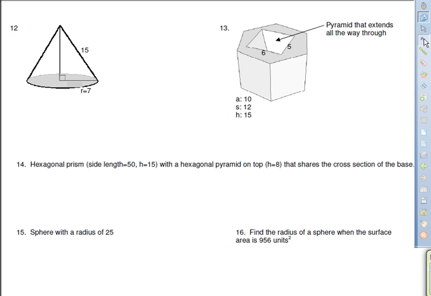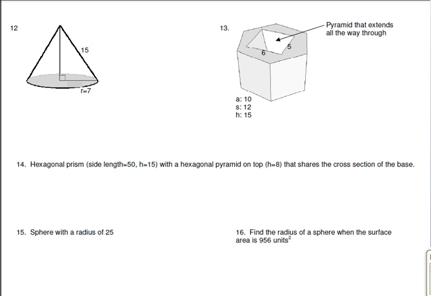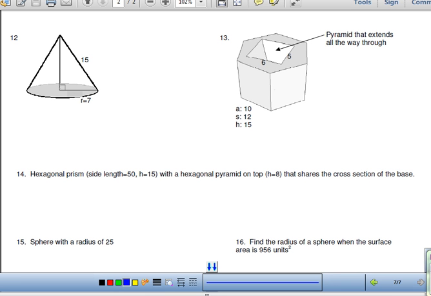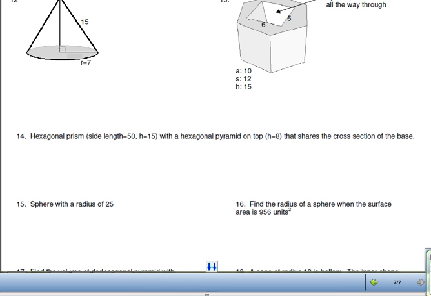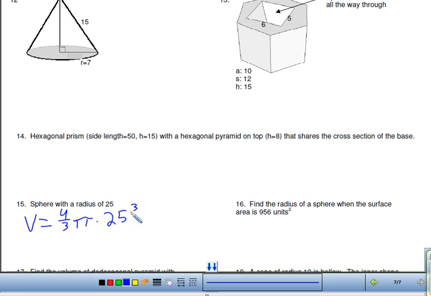So, the volume of that is equal to 4/3 pi times the radius, which is 25, cubed. I multiply all that out, and I get 65,449.85 units cubed.